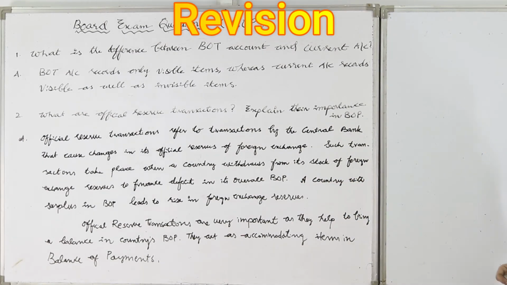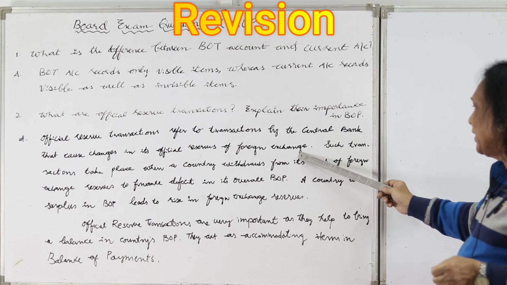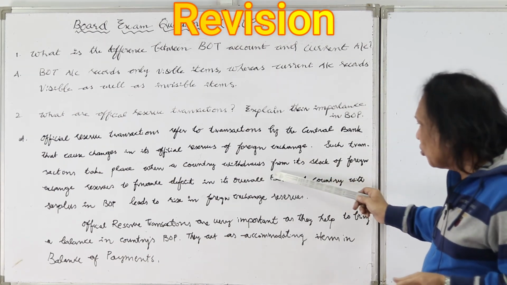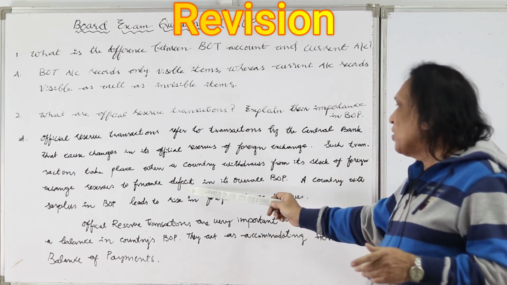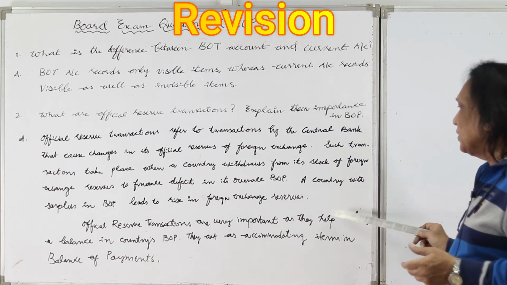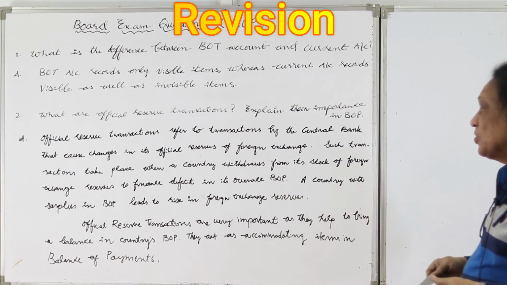Official reserve transactions refer to transactions by the central bank that cause changes in official reserves of foreign exchange. Such transactions take place when a country withdraws from its stock of foreign exchange reserves to finance deficit in its overall balance of payments. A country with surplus in BOP leads to rise in foreign exchange reserves.